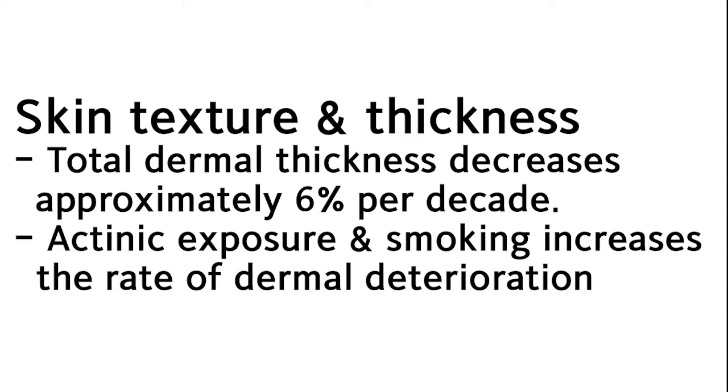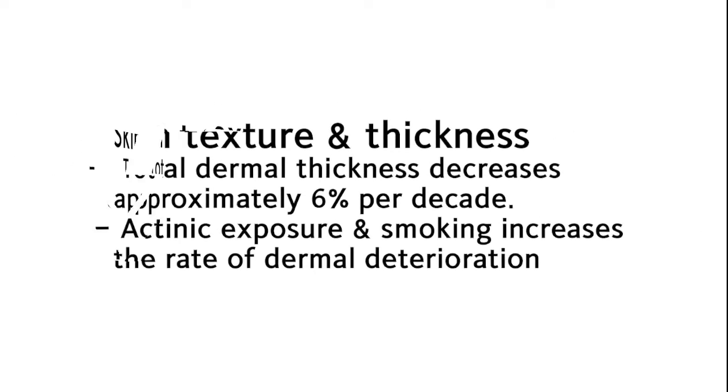Total dermal thickness decreases approximately 6% per decade, and actinic exposure and smoking increase the rate of the dermal deterioration. Regarding photoaging, the Glogau Classification is used. This classification ranks the degree of the skin wrinkling and severity of photoaging.